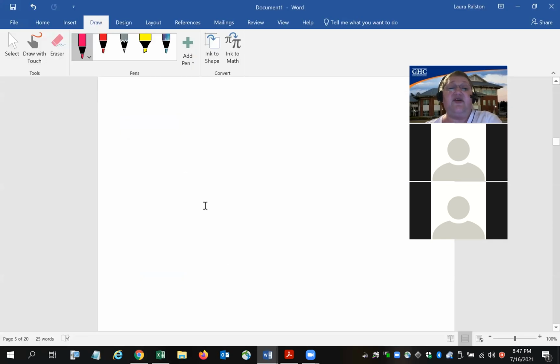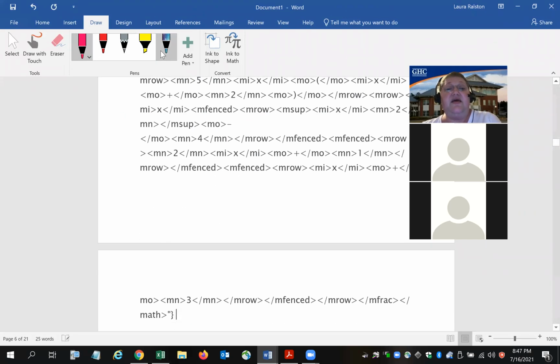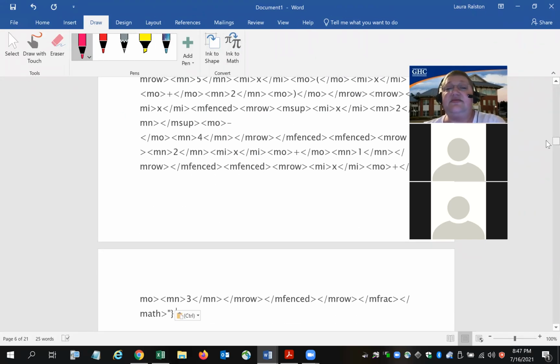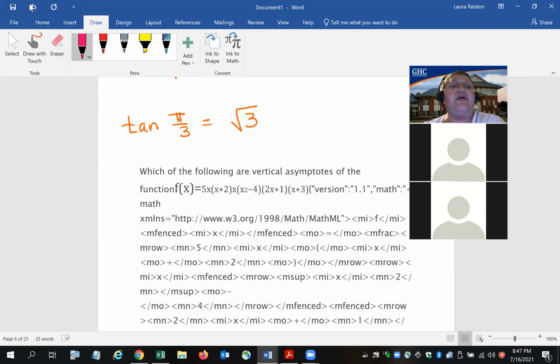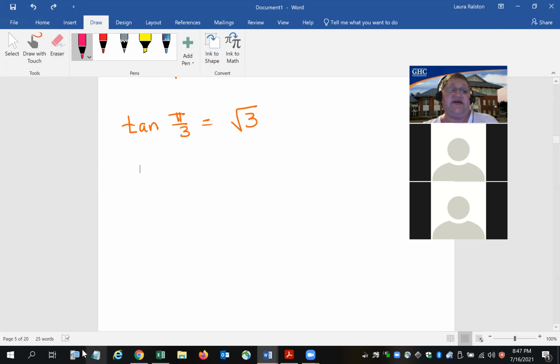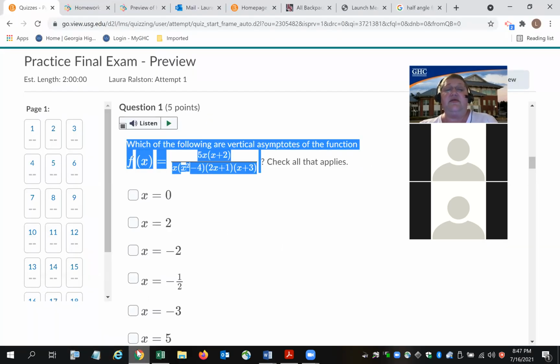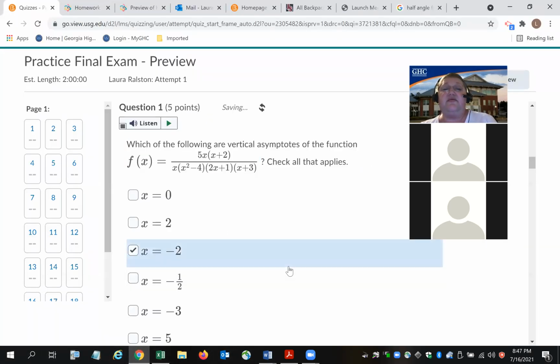It's a fraction, so I'll just write it myself: five x plus 2, all divided by x squared minus 4, 2x plus 1, and x plus 3.